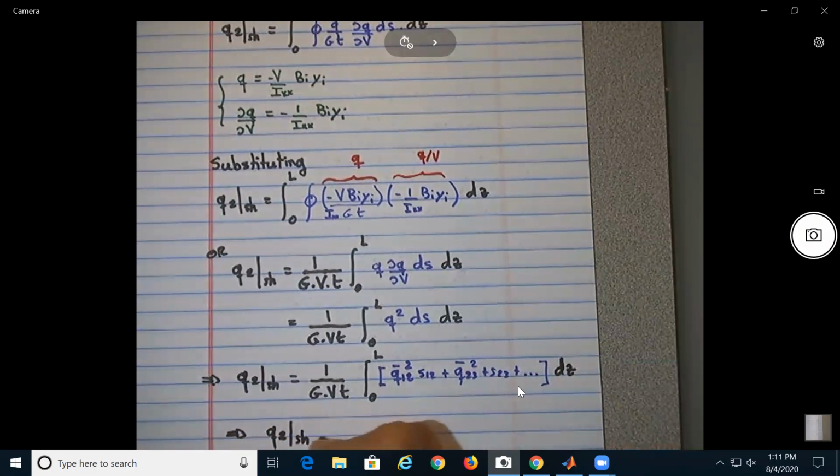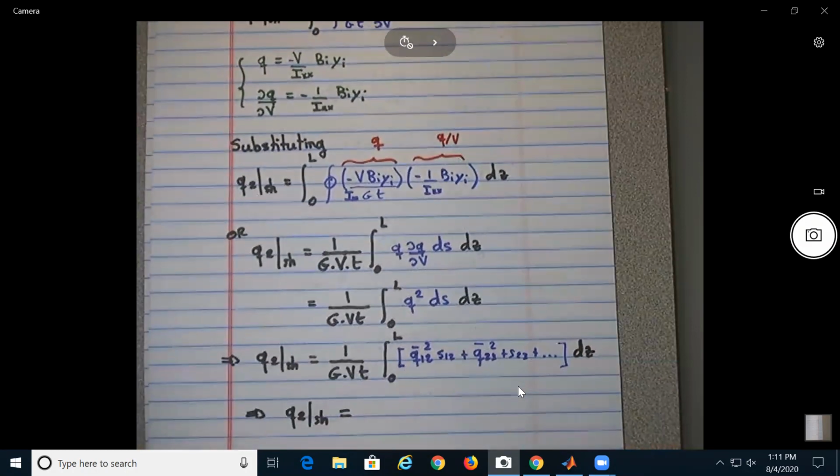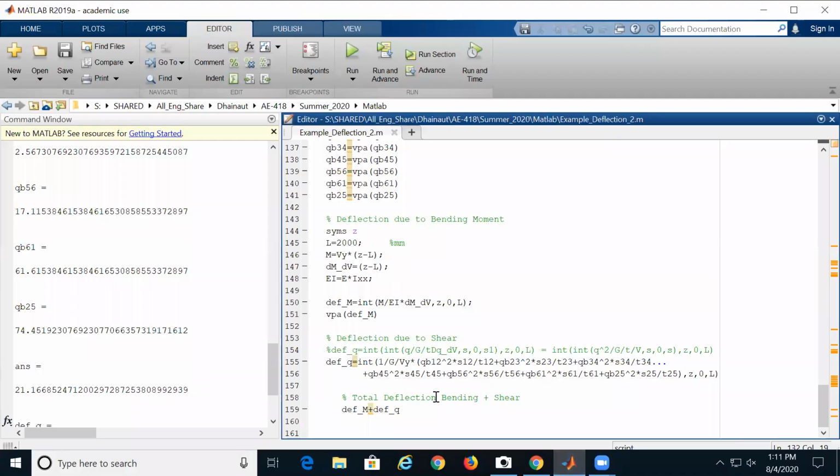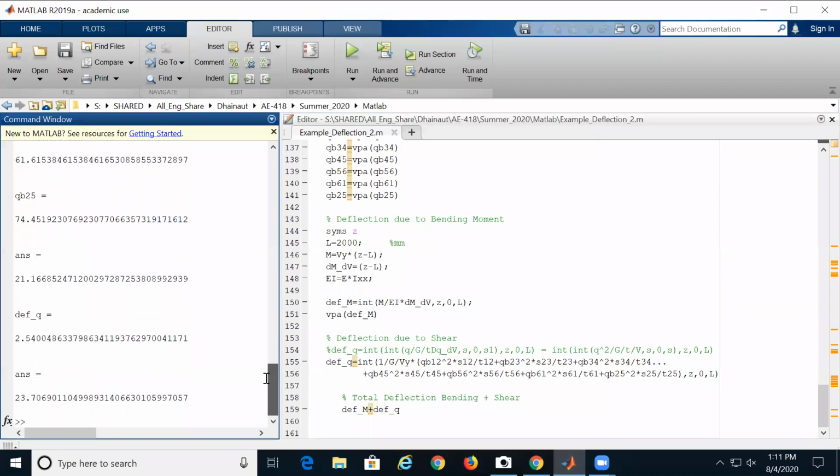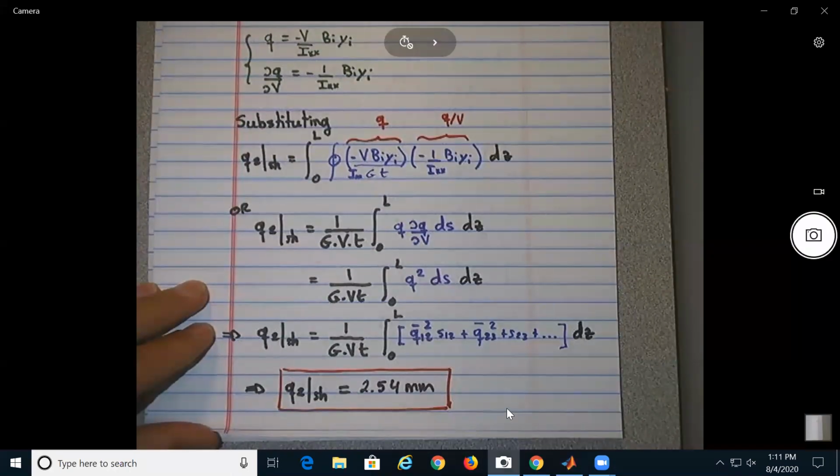So the deformation due to shear is equal to 2.54 millimeters. Oops, sorry for that, 2.54 millimeters.